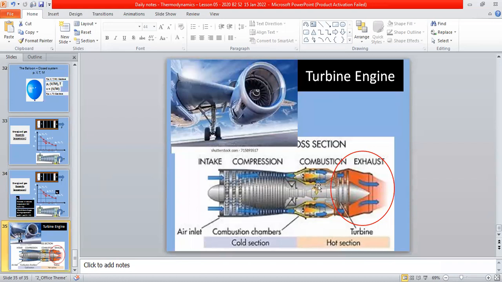The way it manages the flow and the pressures, this pushes through the turbines and generates some work done and partly a jet stream, to propel this. So these are all the related applications.